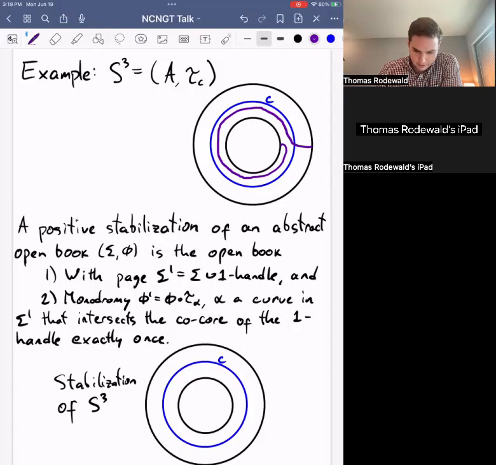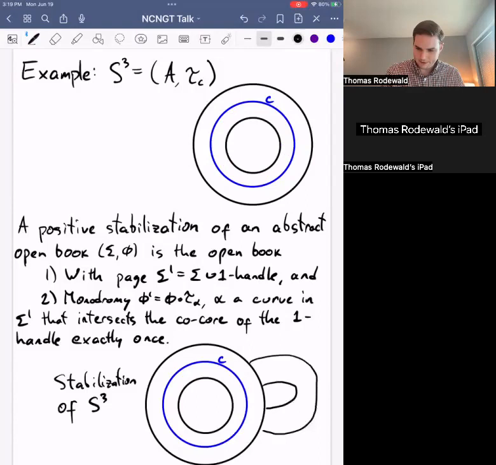All right, and next we just need to define positive stabilizations. When you do a positive stabilization of an abstract open book, you take the old page, sigma, and make a new one by attaching a one handle.